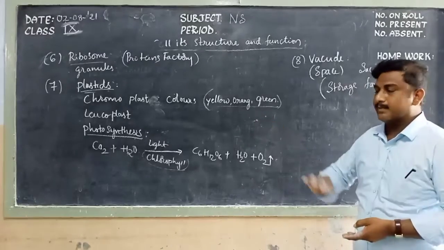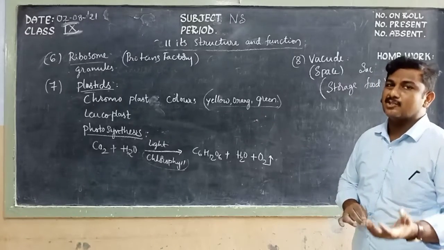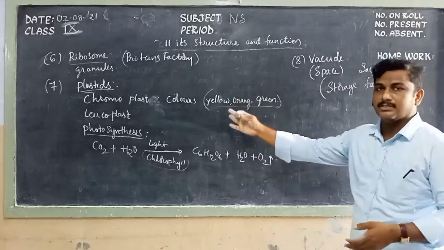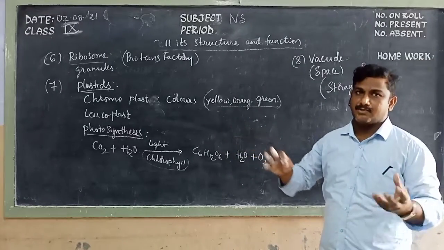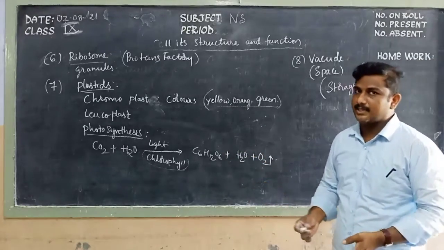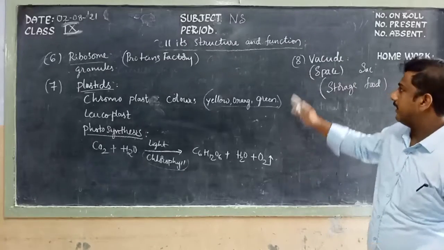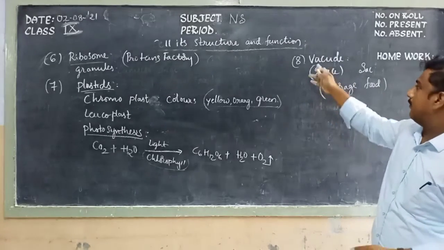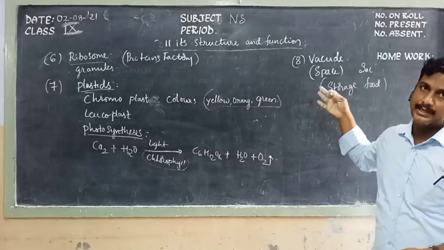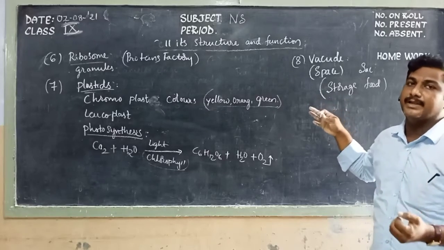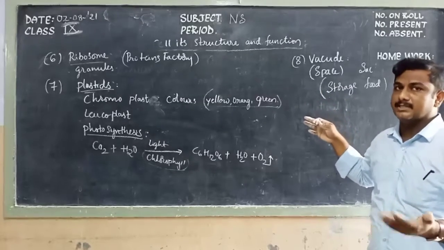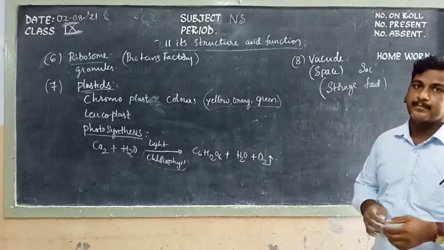Plastids: photosynthesis, synthesis of food, because they contain chloroplast, which traps the solar energy and conducts photosynthesis. The last is the vacuole. The vacuole has a space and helps to store food materials like starch, and also water.